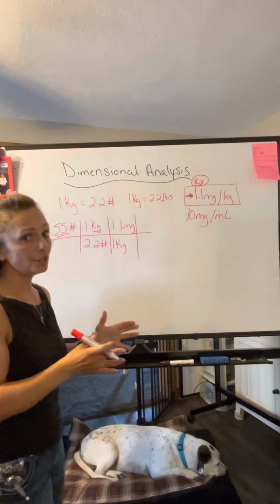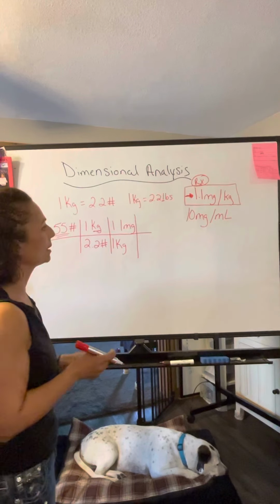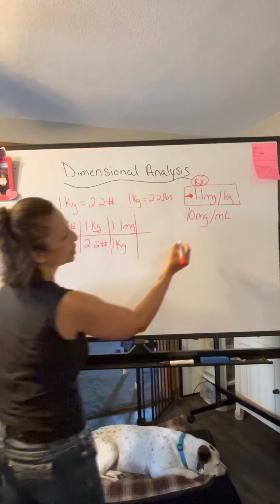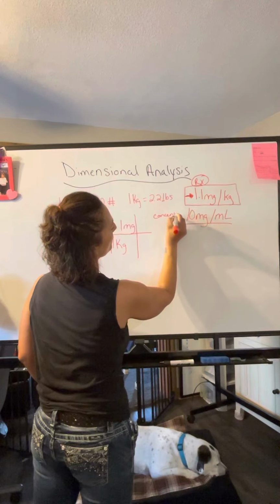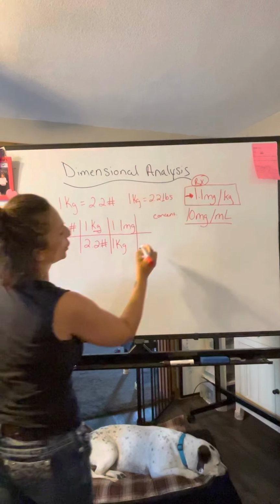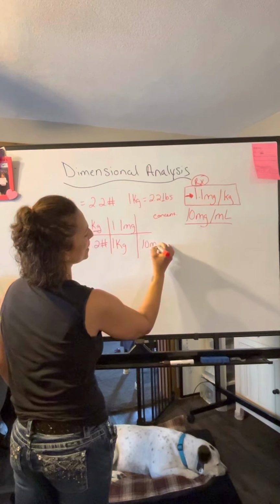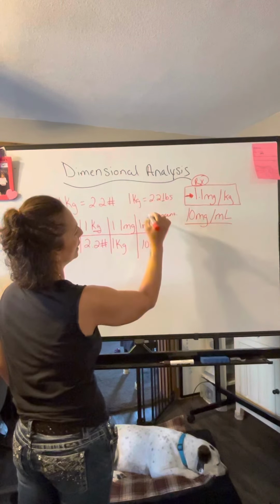Now, the total volume of drug administered is what we need to draw up from our bottle. So the next piece of information we have is that concentration. And remember, that is on the bottle. We're going to put our 10 milligrams on the bottom because that's going to cancel, and the 1 milliliter at the top.